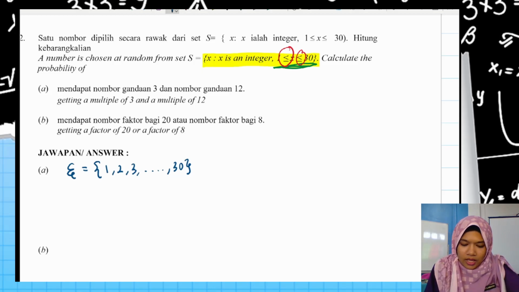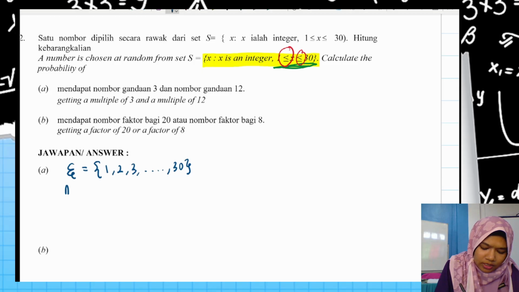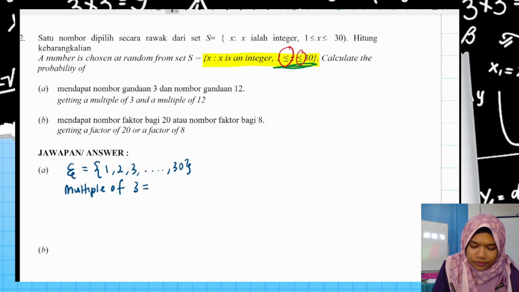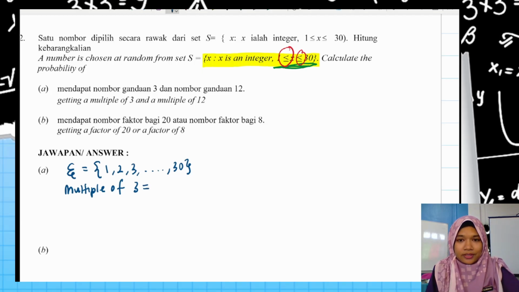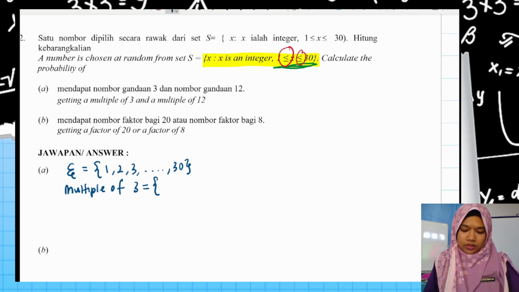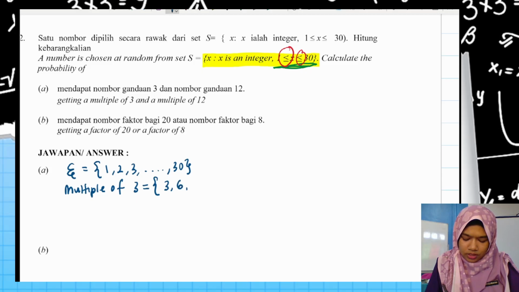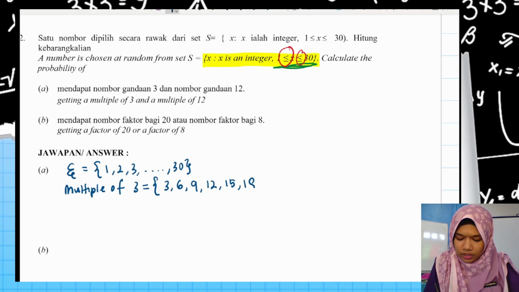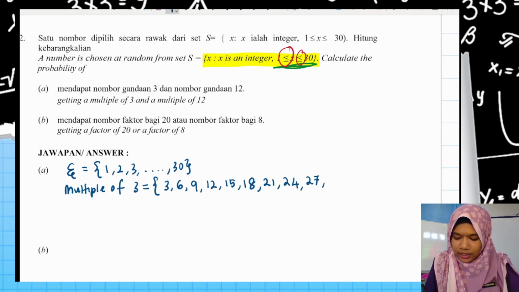The question is to calculate the probability of getting multiples of 3 and multiples of 12. So you list what the multiples of 3 are, based on the range given. The multiples of 3 are 3, 6, 9, 12, 15, 18, 21, 24, 27, and 30.